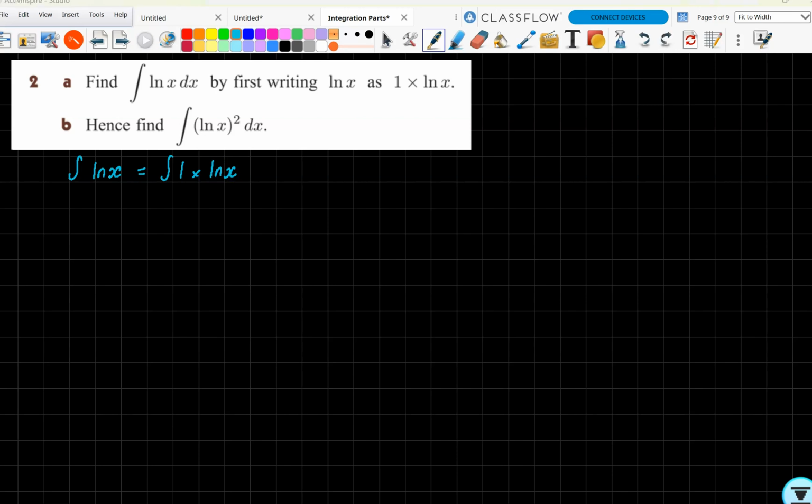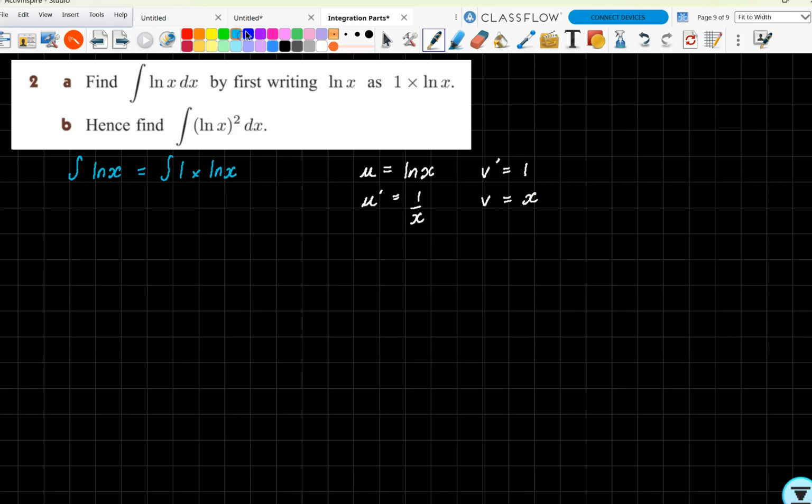We can differentiate it, but we can't integrate it. So if we let u be ln x, that means we can differentiate that to be 1 on x, and therefore we can make our derivative 1, which is 1, and v is then x.